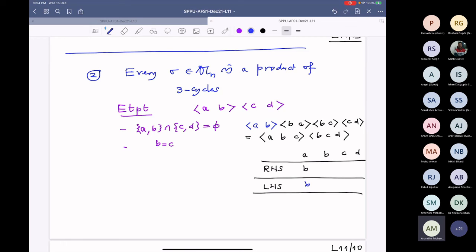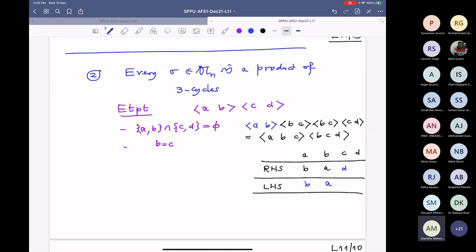B goes to C, C goes to A. So B goes to A. B is fixed here, B goes to C, C goes to B, and B goes to A. C goes to D, D is fixed, so C goes to D here.